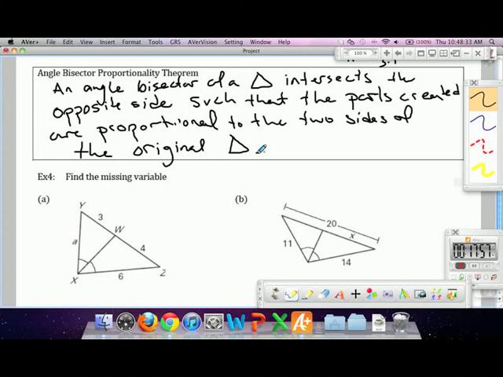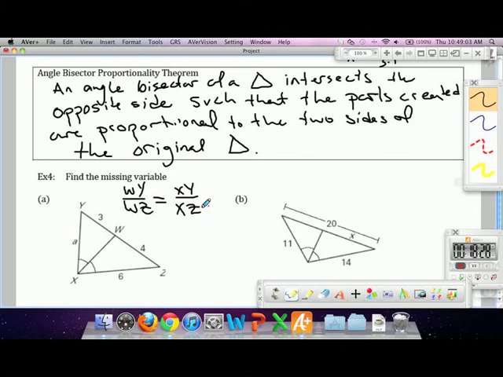So WY is to WZ as XY is to XZ, namely. Two parts are proportional to the two sides if you have an angle bisector creating them.